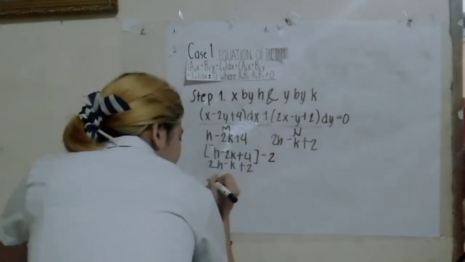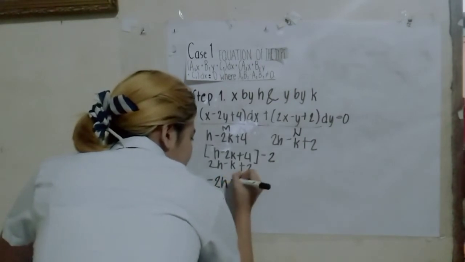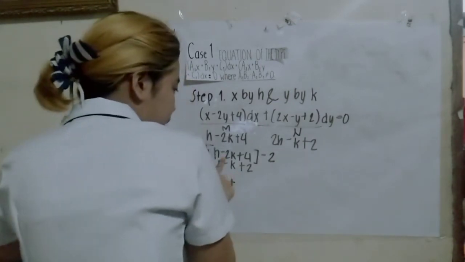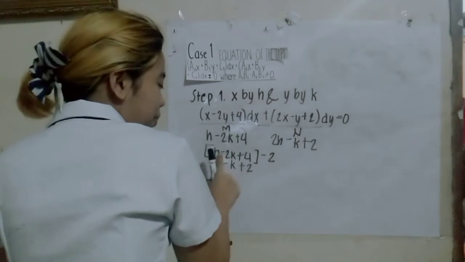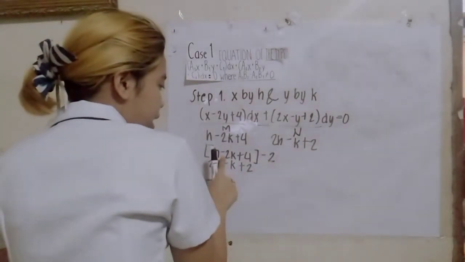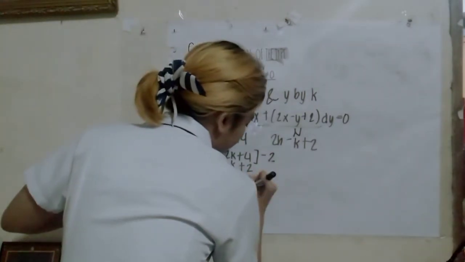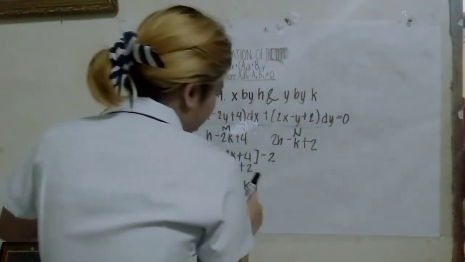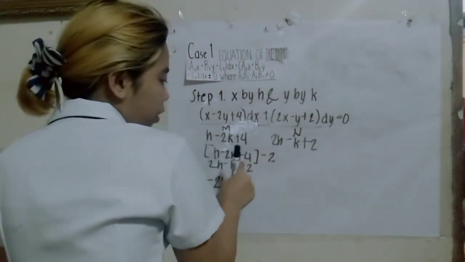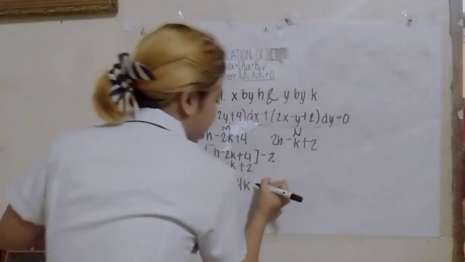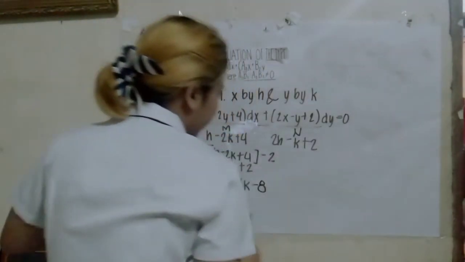So, magkakaroon tayo ng negative 2h plus 4k minus 8.